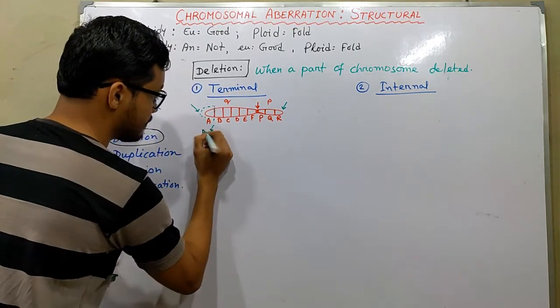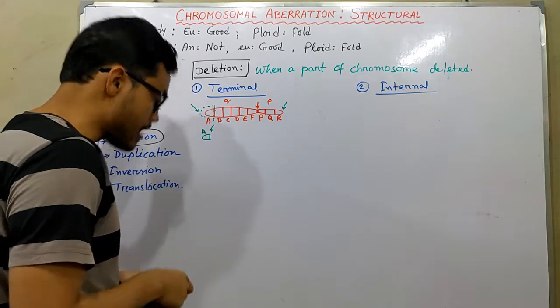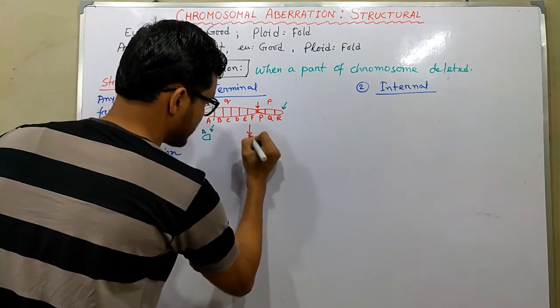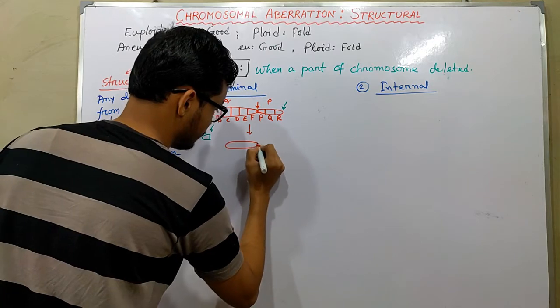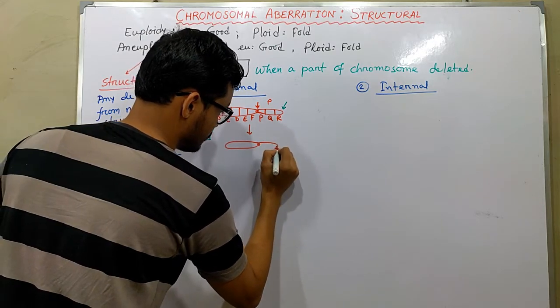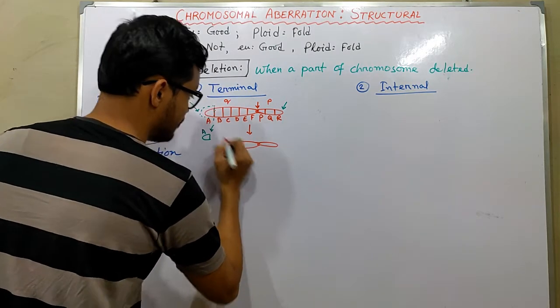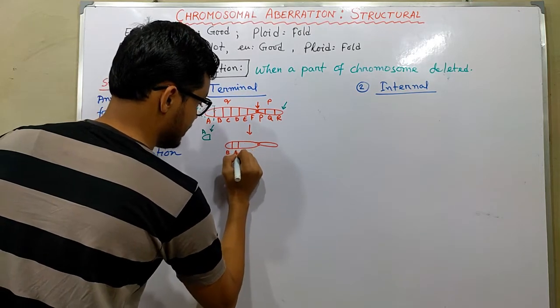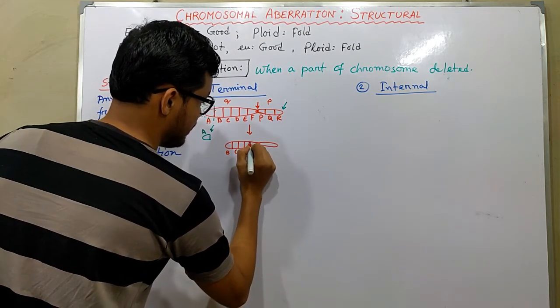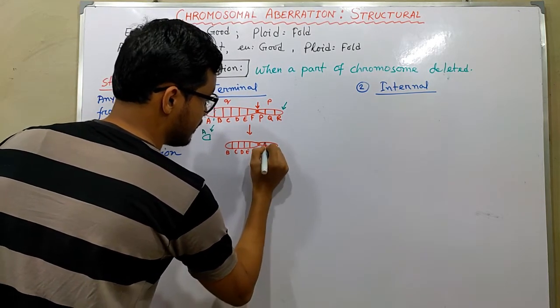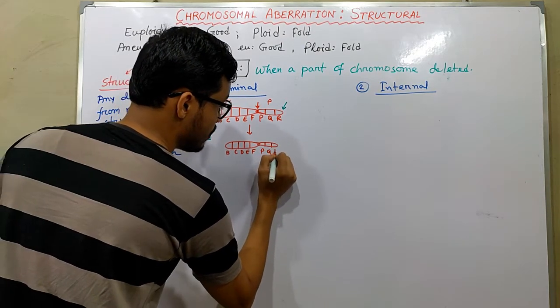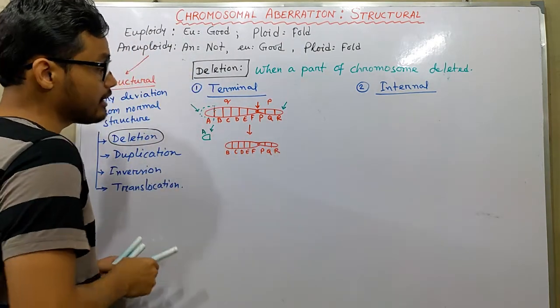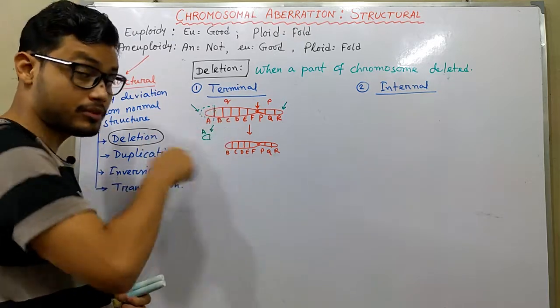So if A is deleted from the original structure, now we have got this structure. Here B comes first, then C, D, E and F, and here P, Q and R. So here A is deleted from the normal chromosomal structure.